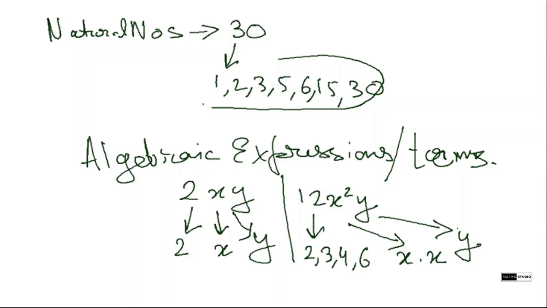Let us now get into the next part where we'll talk about factorization, and how we can solve it further in this particular chapter. Let us take an example of, say, 5xy plus 10x.